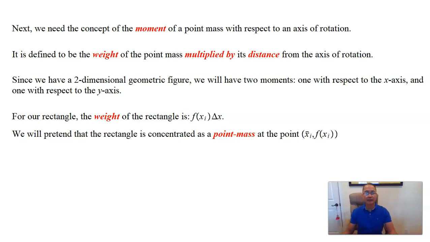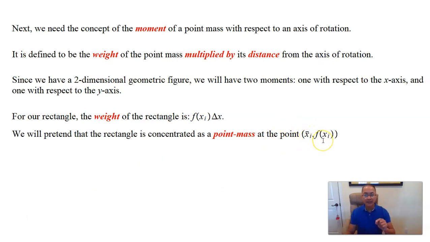So we are going to cheat the way physicists cheat, and that is we're going to compress that entire rectangle into a single point. What a physicist would call a point mass. And of course, since we have a rectangle, the most logical place to put that point is at the center of the rectangle.